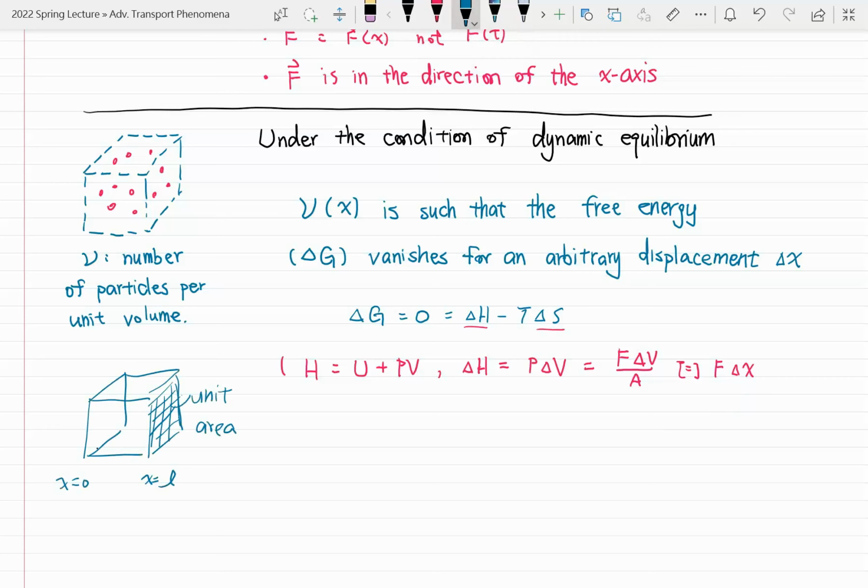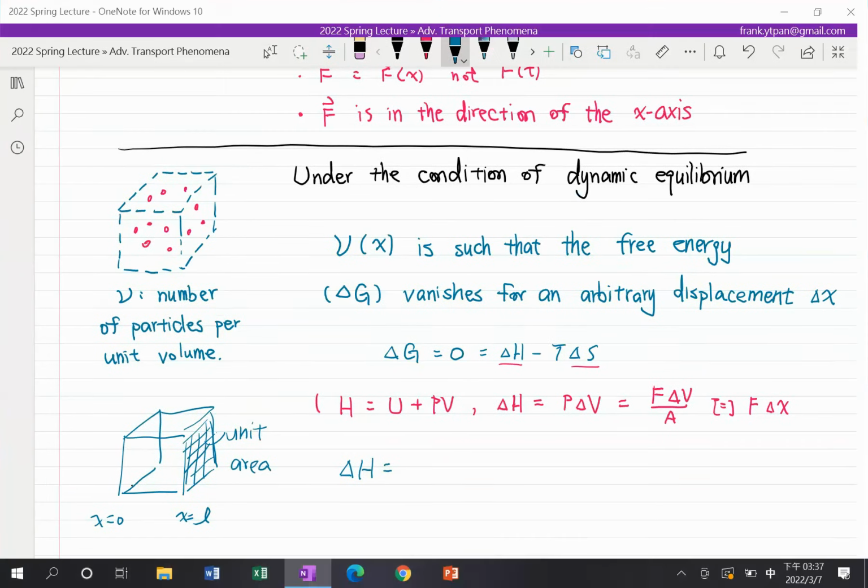So basically delta H here would be the collective work exerted on all particles when they're traveling from X equals 0 to X equals L. Okay. So this equals, one second, sorry.